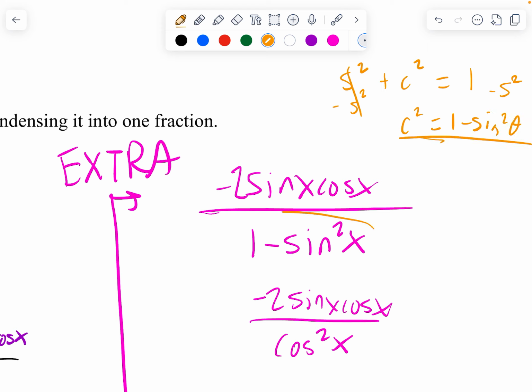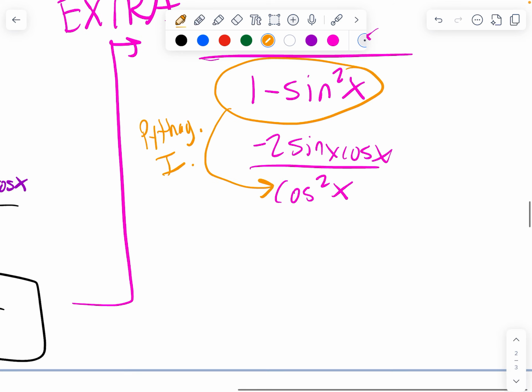That substitution, 1 minus sine squared into cosine squared, that is a Pythagorean. And then from there, you'll notice that now we have a cosine over a cosine, and because that's multiplication, you can essentially cancel one of those with one of the cosines in the denominator, and you're left with negative 2 sine x over cosine x.